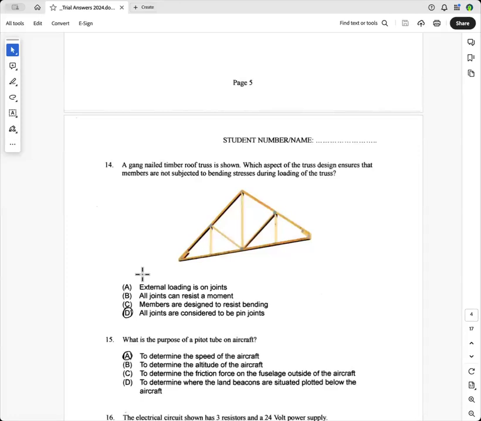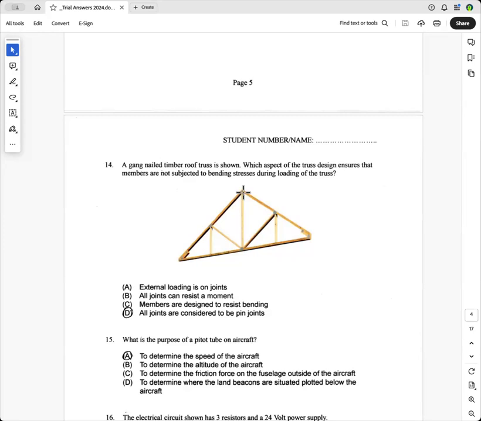The gang-nail timber roof truss is shown. Now gang nailing is the method they use to join the members of the truss, and gang nails are just holding the members in place. If you applied a moment at that joint there, it would just tear the gang nails out. And so these trusses are designed as though each joint is a pin joint so that it cannot resist a moment.